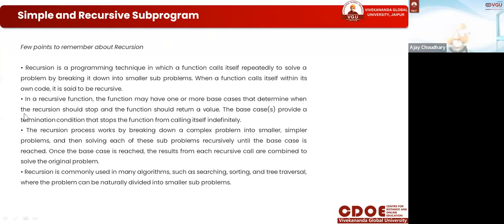They determine when the recursion should stop and the function should return a value. The base case provides a termination condition that stops the function from calling itself. The recursion process works by breaking down a complex problem into smaller, simpler problems and then solving each of these subproblems. So this is the definition of the recursive method.